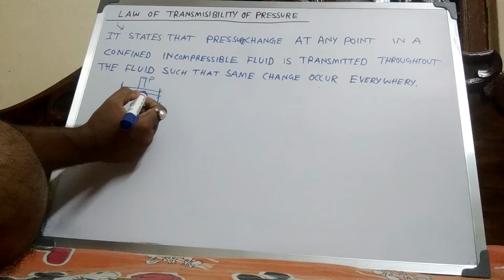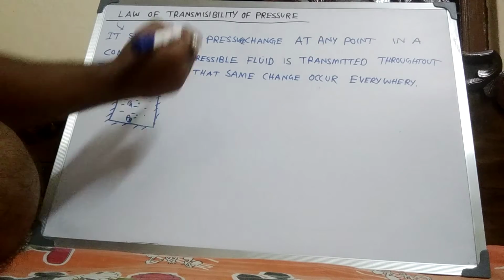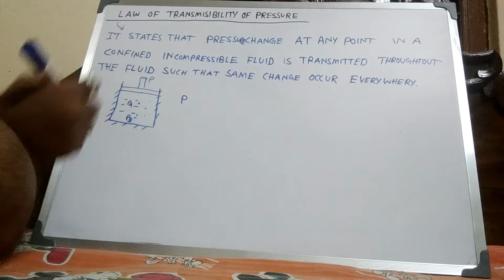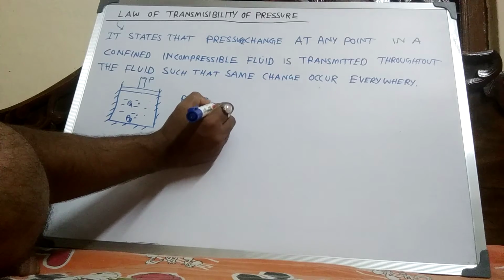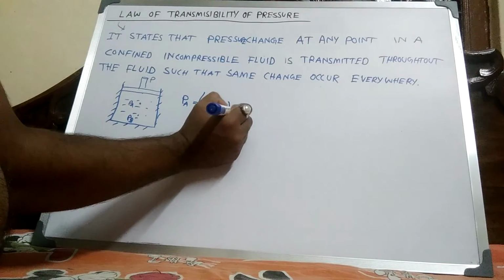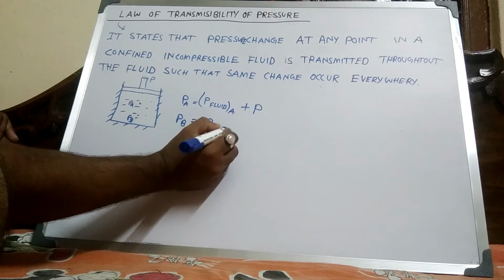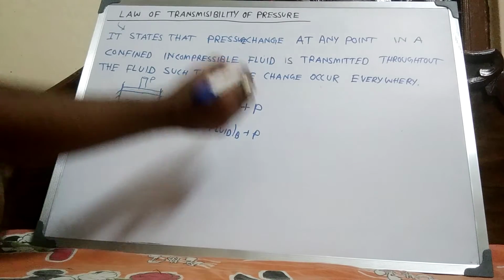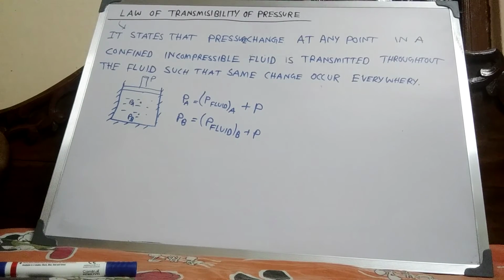There is a pressure PA and a pressure PB. Now the absolute pressure PA is P fluid at A plus P, and PB equals P fluid at B plus P. Both have the external P, which is the same. This is the application of the law of transmissibility of pressure.